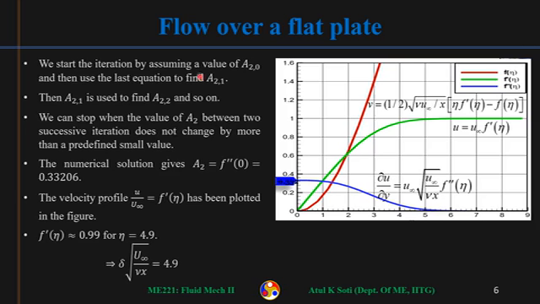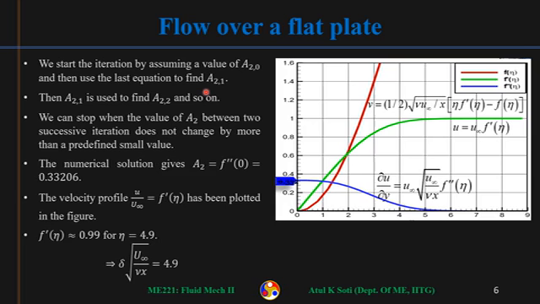So we start with some assumed value of a2 that we call a2 at iteration 0, and then using the previous equation for a2 we find a new value, a2 at iteration 1, a21. Then a21 is used to find a22.